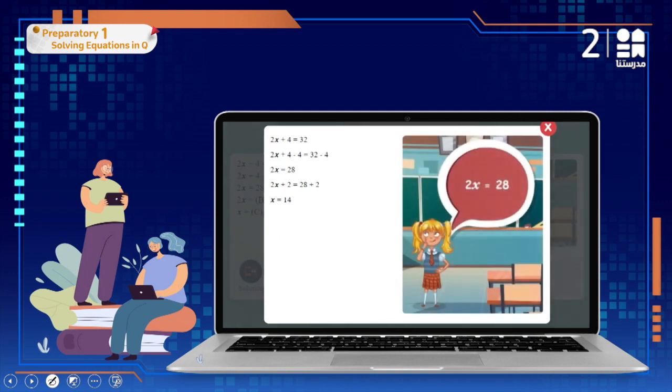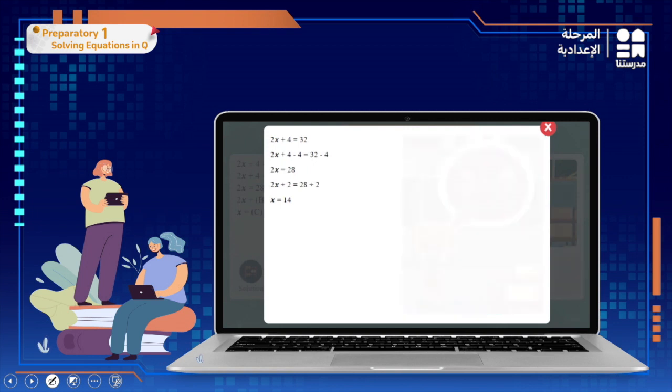We need to remove 2 from the left side of the equation. Double a number is a key word, which means that we multiply this number by 2. Do you remember it? The operation used in this equation is multiplication. Double a number, or double x. To remove it from the left side, we will use the inverse operation of multiplication, which is division.